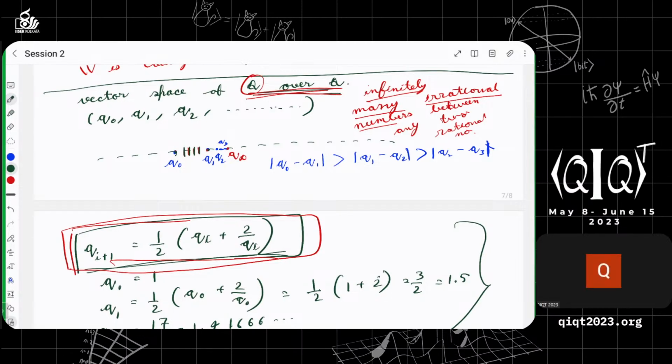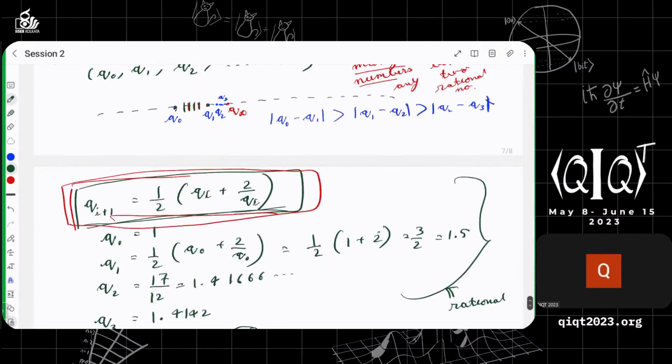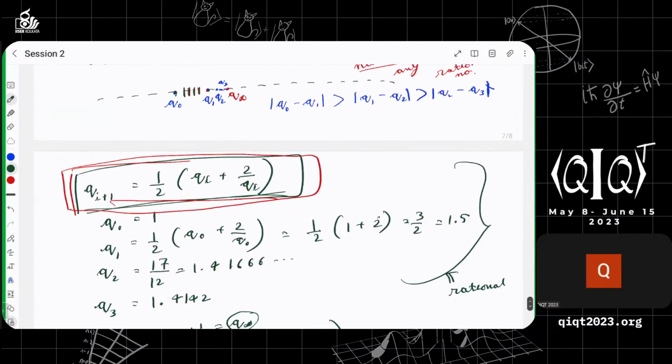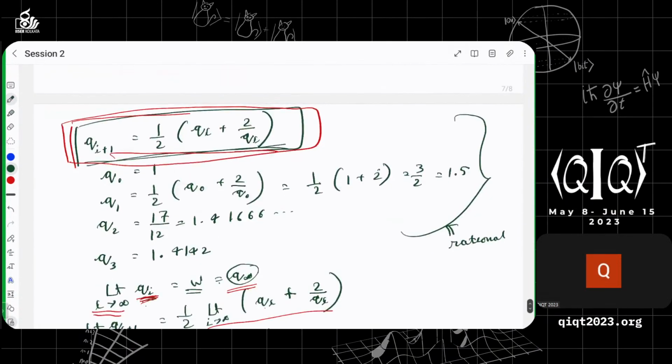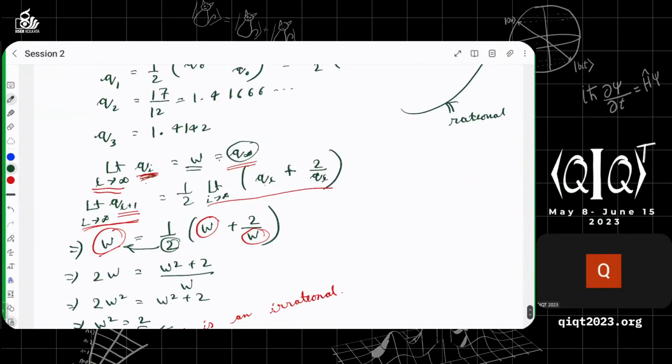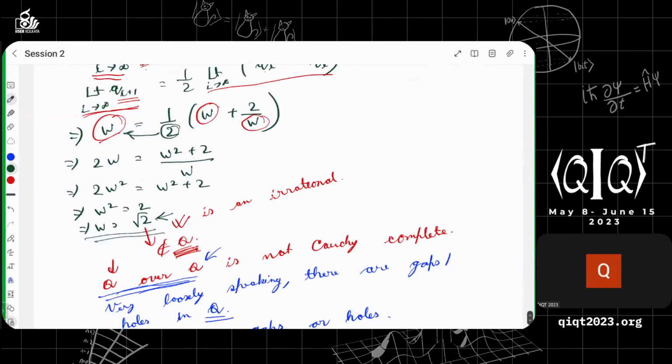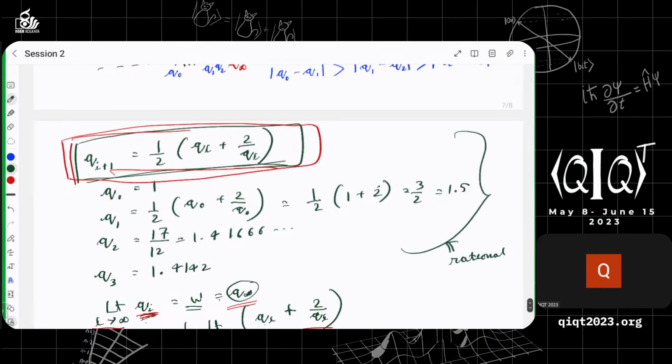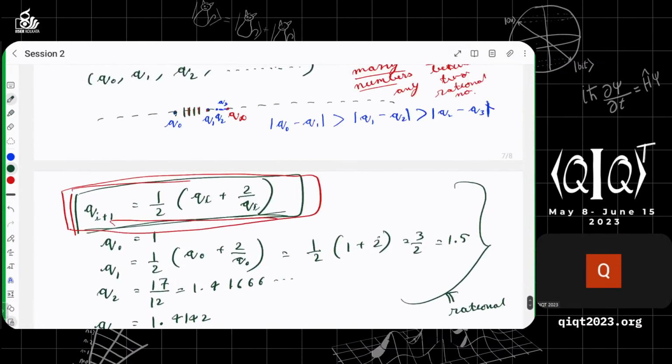Basically, you can say that there are holes or gaps in the Cauchy sequence sense of the term, with this definition that the limit of the Cauchy sequence is going out of the space. If the limit is going out of the space, then there are certainly some gaps or some elements missing from that space.